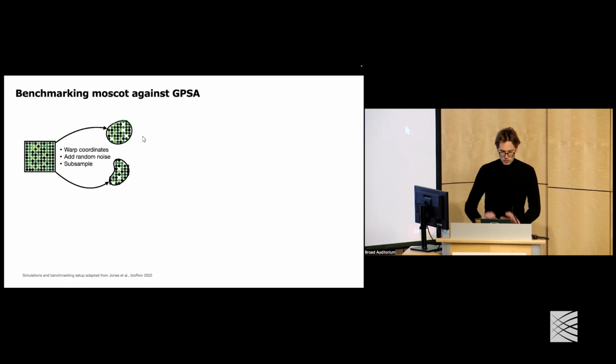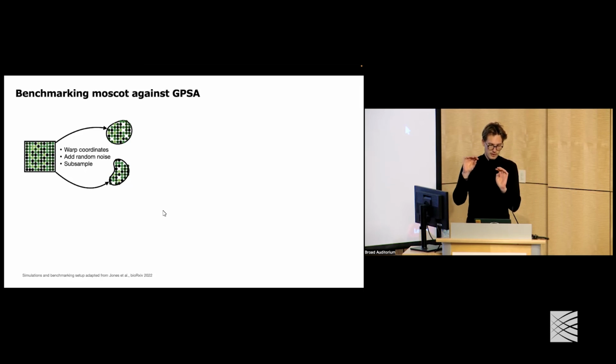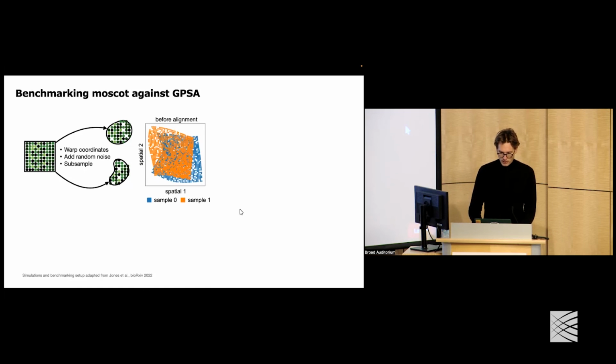We then create two data sets from that one data set by warping the spatial coordinates, adding random noise to gene expression, and subsampling these two data sets. And then we ask basically for the alignment of these two data sets that originated from this one original ground truth data set. So here's an example of what that looks like of the two samples.